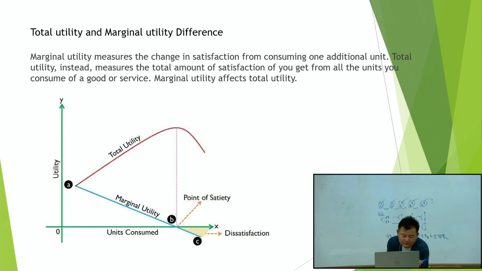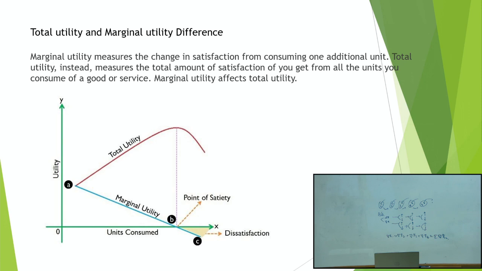So the graph shows the total utility at some point is at maximum, as units are consumed, and then it goes down, slows down. And this point of units consumed is the satisfied point. And this area is dissatisfaction.